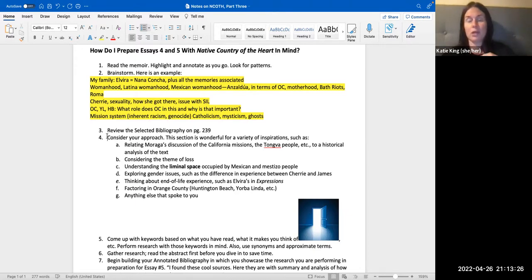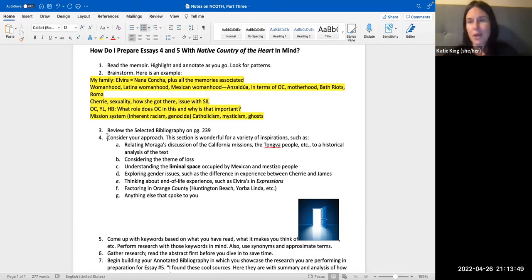She talks about the Moragas and how that part of the family is like the colonizers, right? But then she talks about how her mom calls herself una India, right? And how her indigenous heritage is just as much part of her ethnic tapestry, of her background, right?